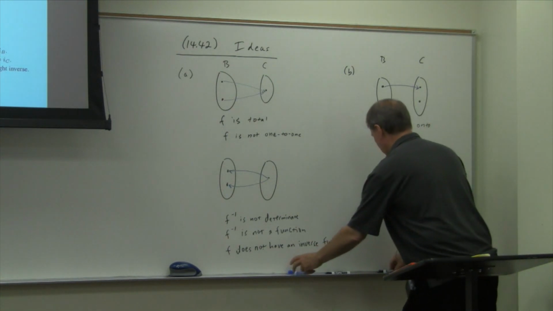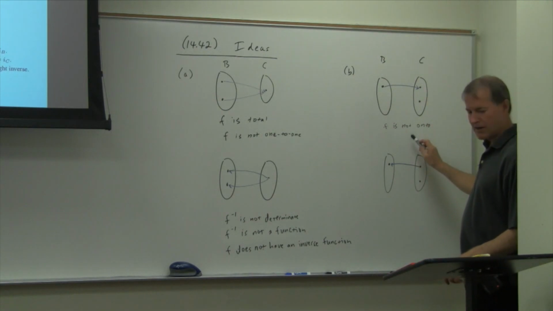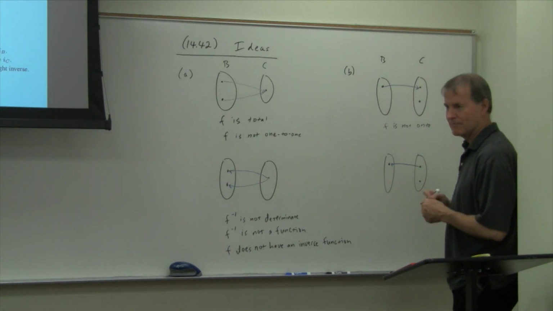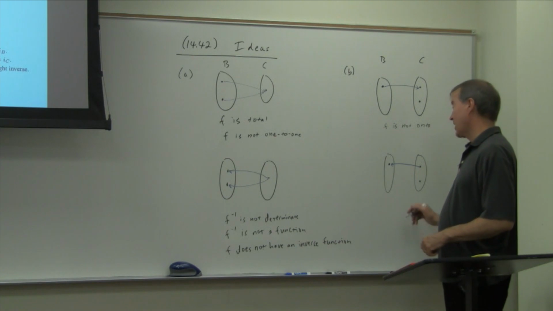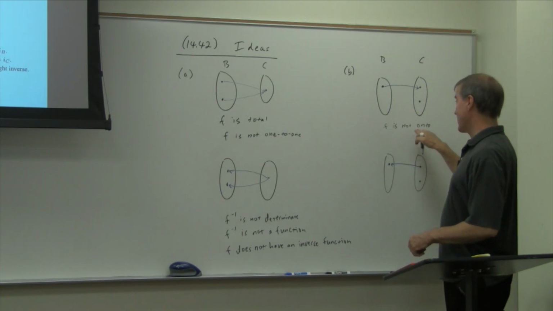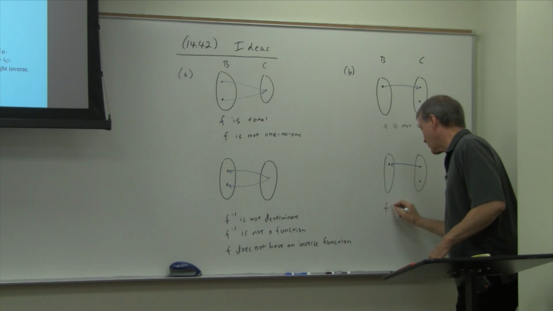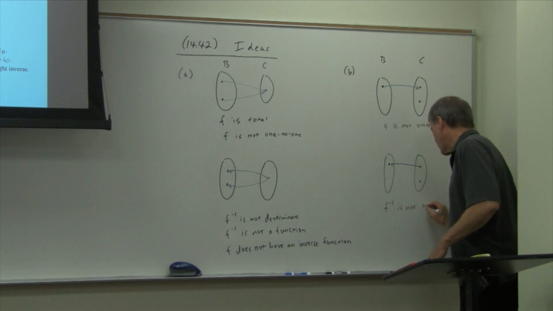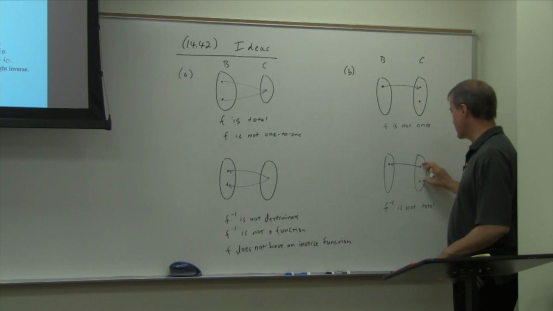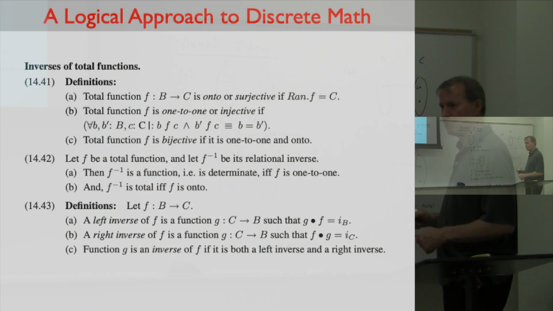Okay. So now what can we say? Because f is not onto, then what about f inverse? Yeah, but what is it not? If f is not onto, then f inverse is what? F inverse is not total. Because all these aren't being used in the mapping and going from here to here.